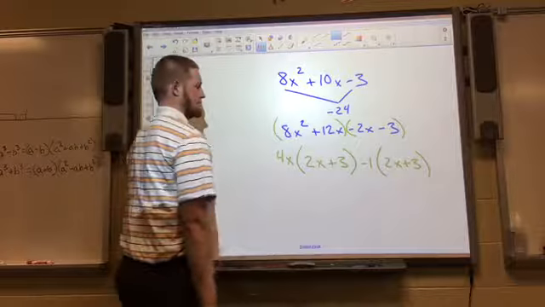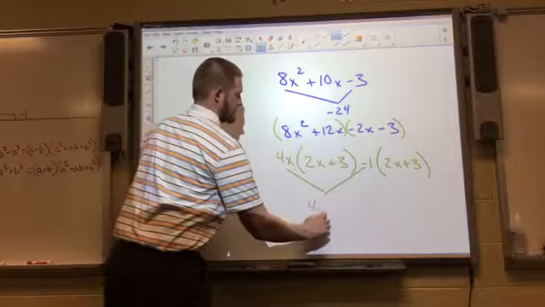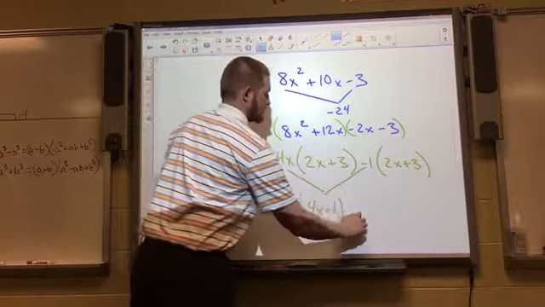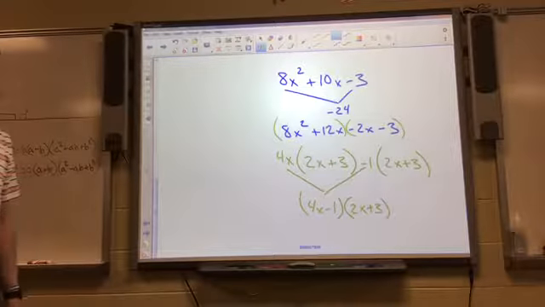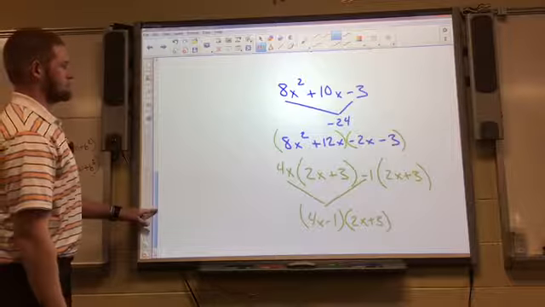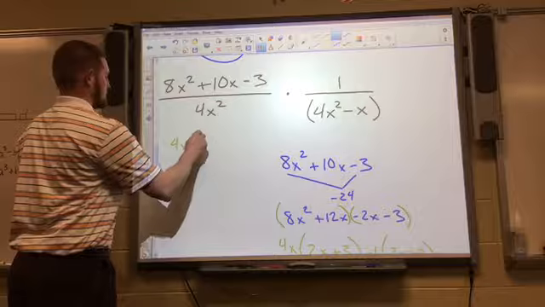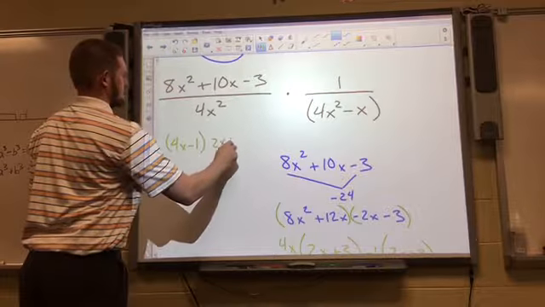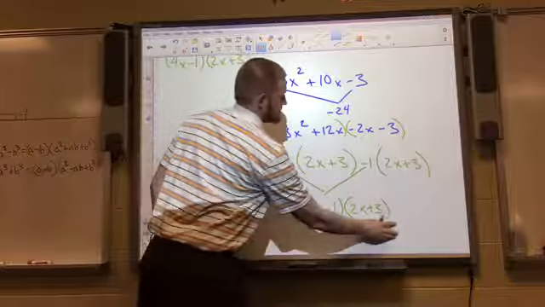That's good. Those should be the same. And then it factors to 4x minus 1 times 2x plus 3. Everybody agree with that? Okay. So 4x minus 1 and 2x plus 3. And I'm actually going to erase this to get this out of our way.